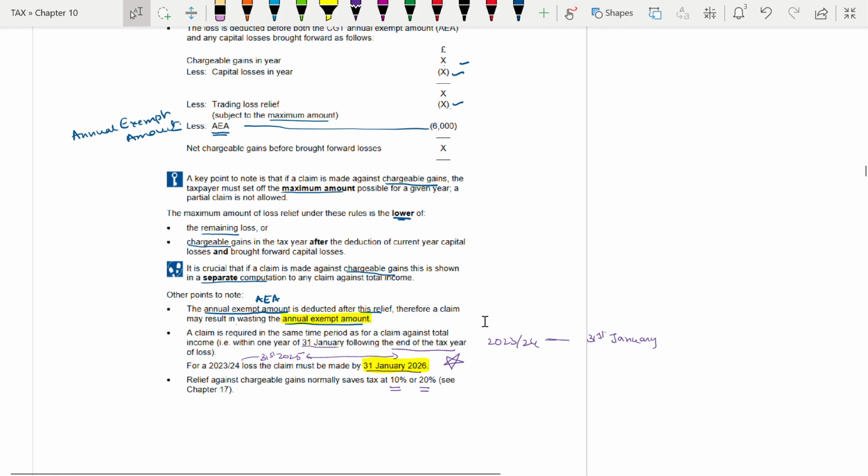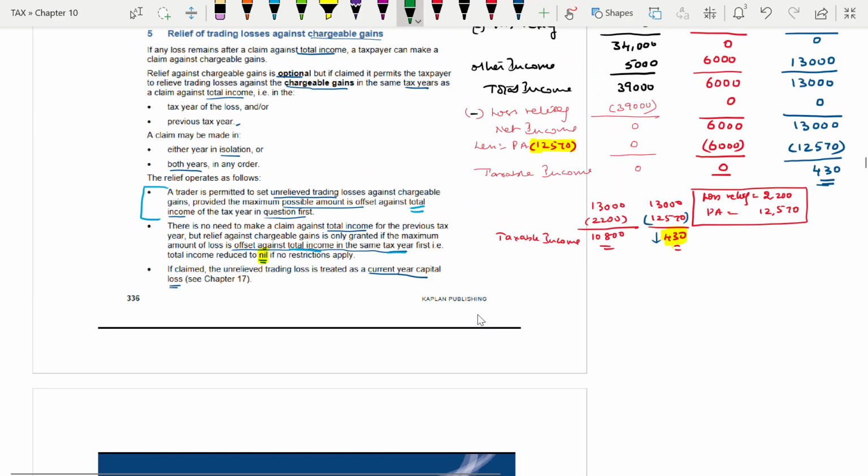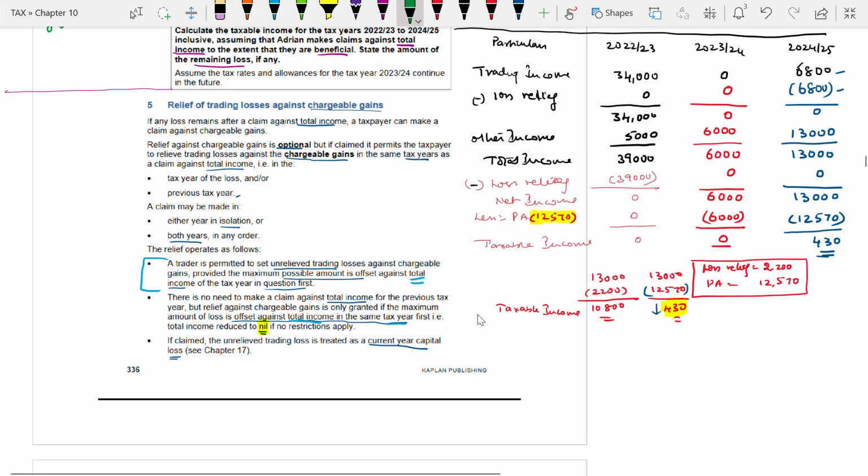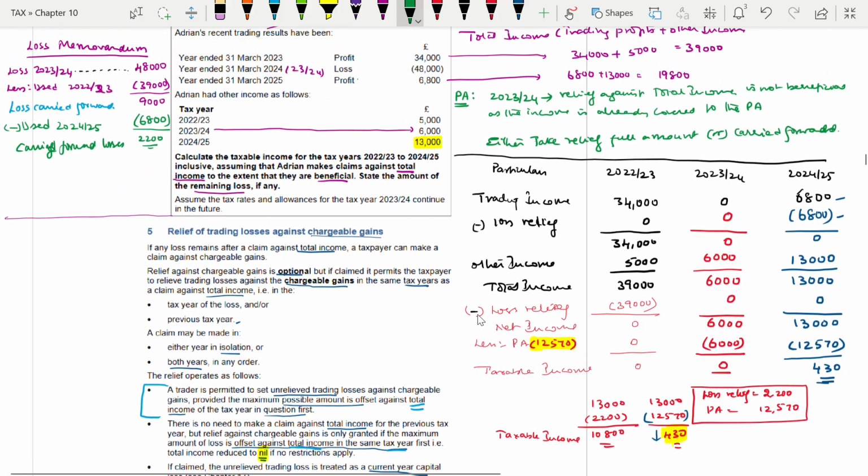Where is that? Point number 5, relief against chargeable gains.